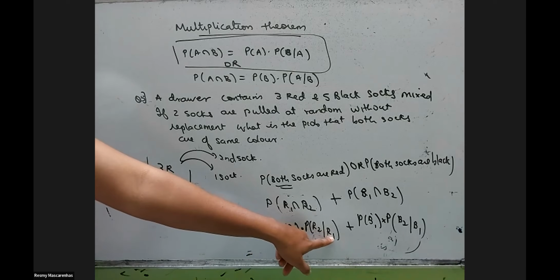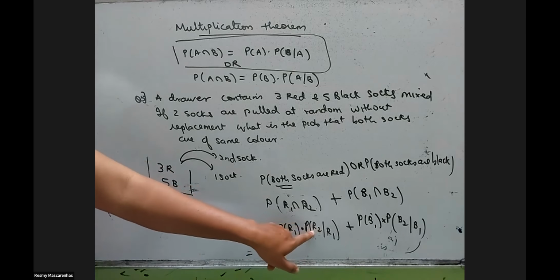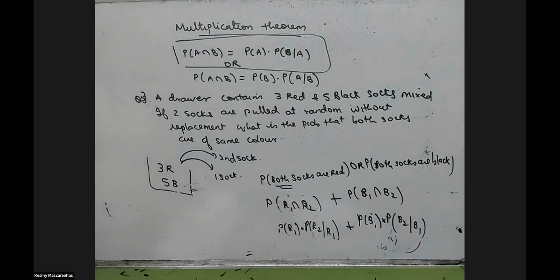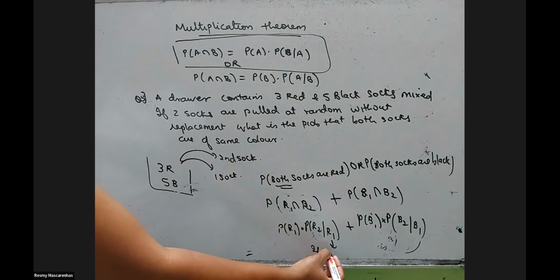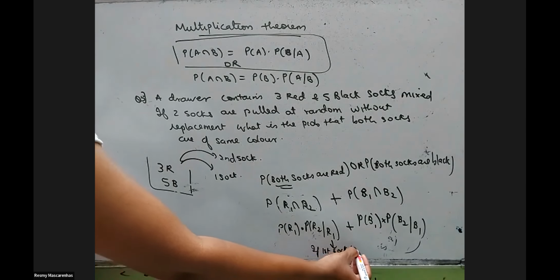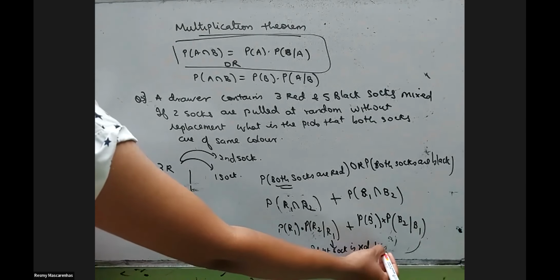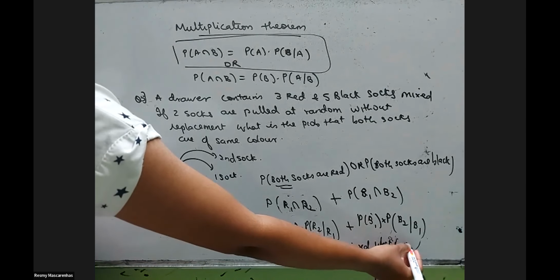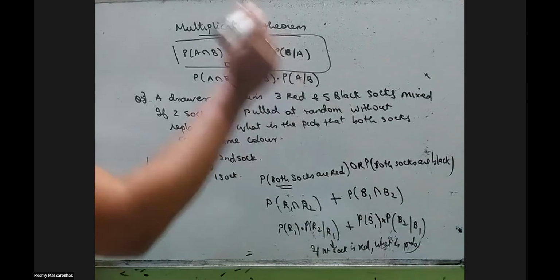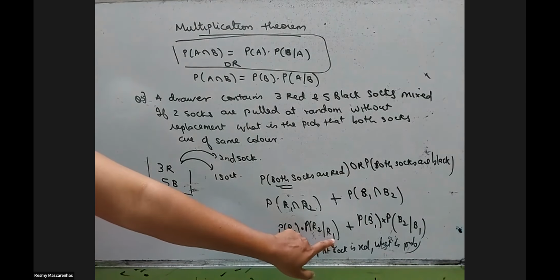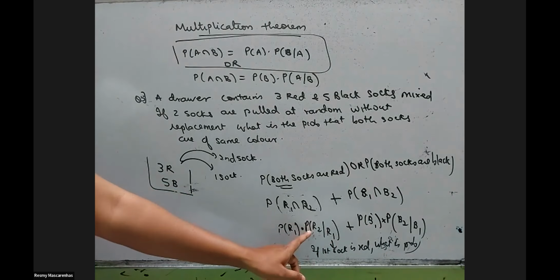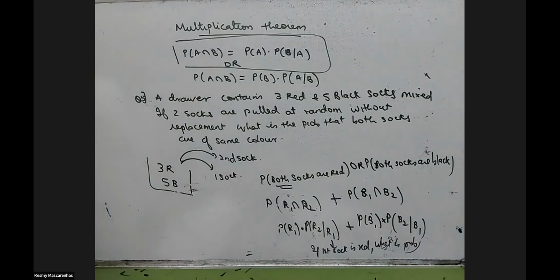Based on the first sock being red, what is the probability that the second sock is also red? Given that the first one is already red, what is the probability of the second?